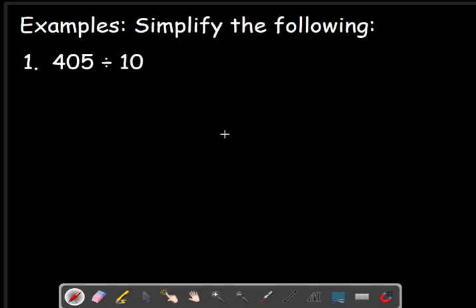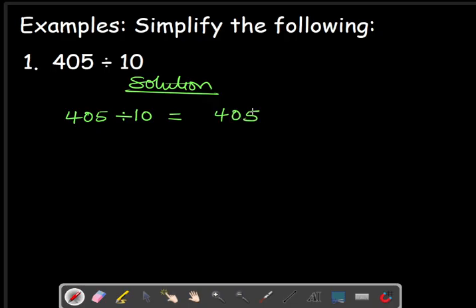Number 1: 405 divided by 10. Let's see what we'll get. Like I said, anytime you are multiplying or dividing by powers of 10, there's always an easy method for it.